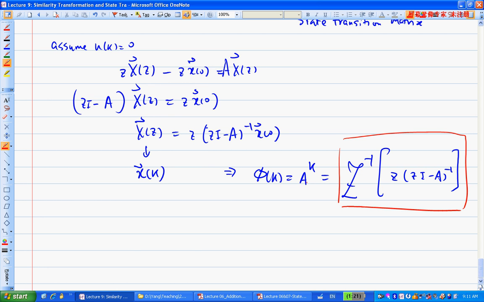Into diagonal format. So let's say, suppose that A is diagonalizable, of course, right? So suppose that AW equal to P inverse AP is diagonal.